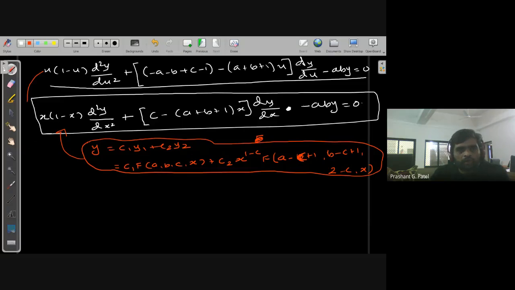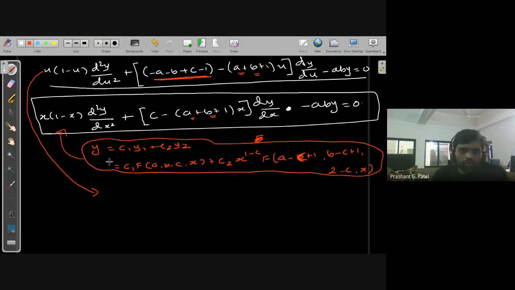So now what will be the solution for this equation we can write down. So you have to compare. Here instead of a we have a, instead of b we have b, only the place of c is changed. So in the place of c we have this quantity, right?